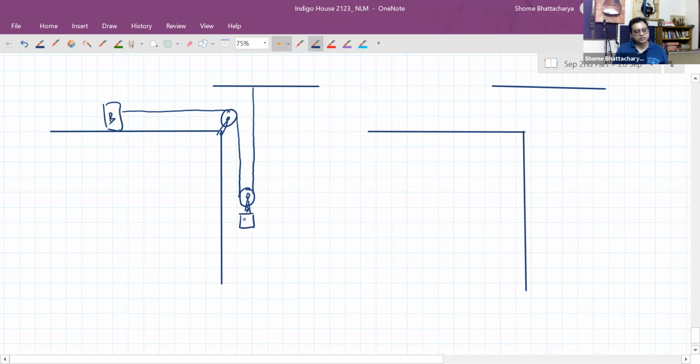This was our block B, this was our block A. Let us say this distance at this point of time was x naught and this was y naught, and this started moving like this, this started moving like this. So after some time, what we'll observe is that in comparison to earlier, this block has moved down a little.